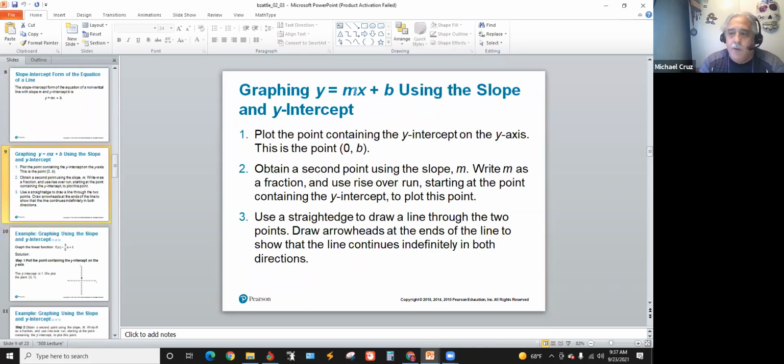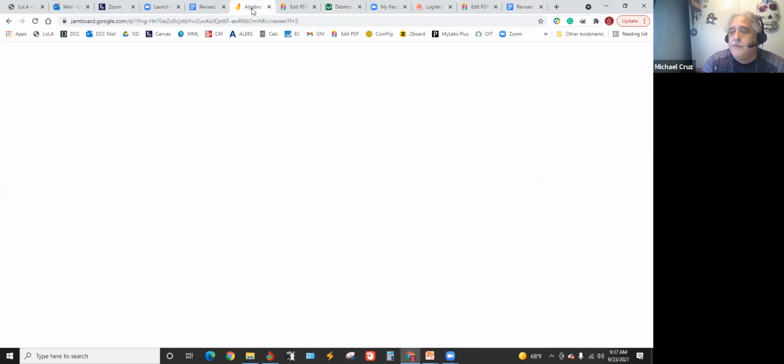But this is what I was telling you here. When it's in y is equal to mx plus b format, the b, the one hanging off the end, is your y-intercept. So that point would be 0, comma b, and m is the slope. And that's just basically what I told you there. All right, so let's come up with another one to work.